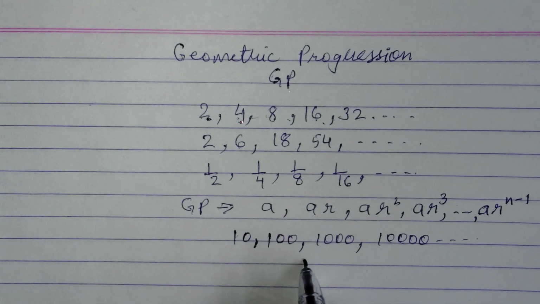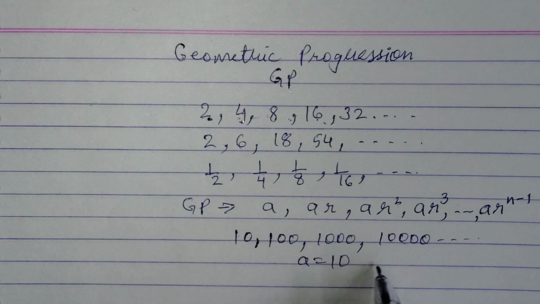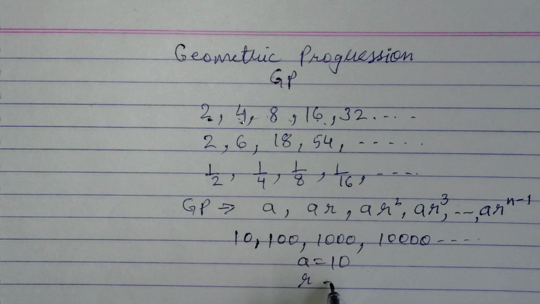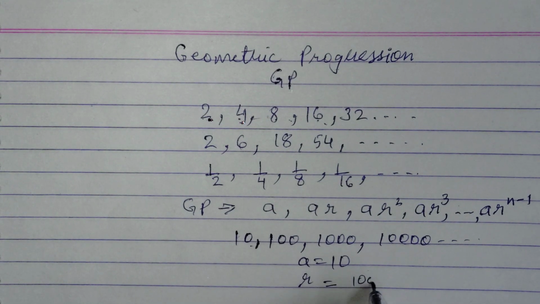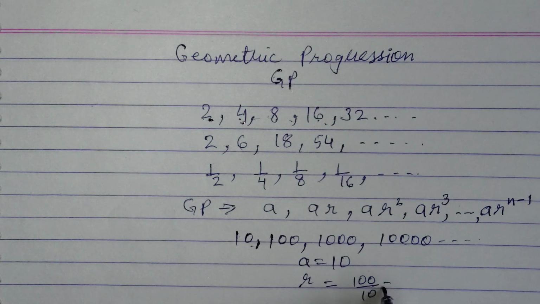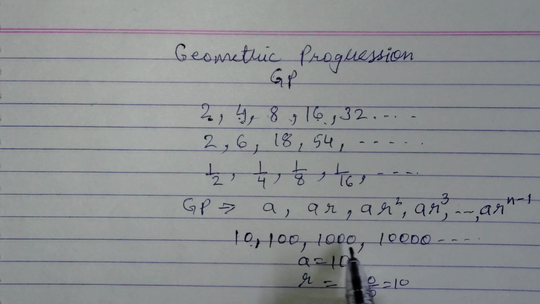So in this series, A here is 10, R is second term divided by first term. Either we can divide 100 by 10, we get 10, or we can divide 1000 by 100, we get 10, or 10,000 by 1000, we get 10. So R remains constant.